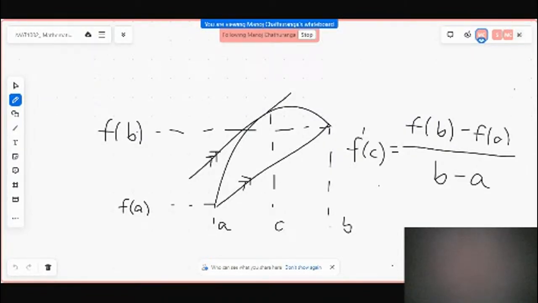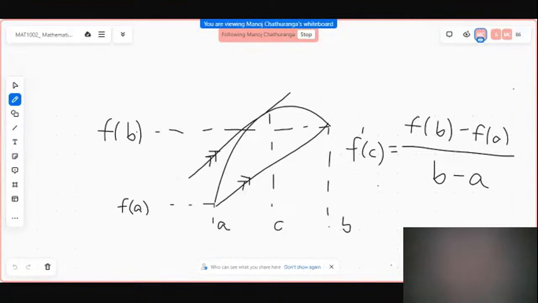This is called the mean value theorem. Sometimes people call it Lagrange's mean value theorem, to honor the mathematician who found it. So this is geometrically very simple. Also, it has a lot of applications. We'll learn some of those applications along the way.